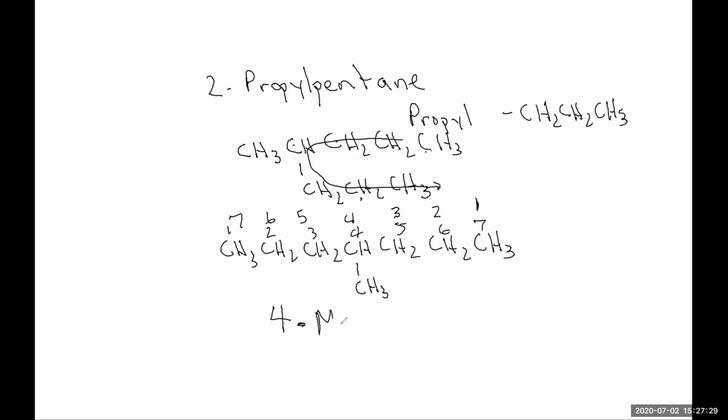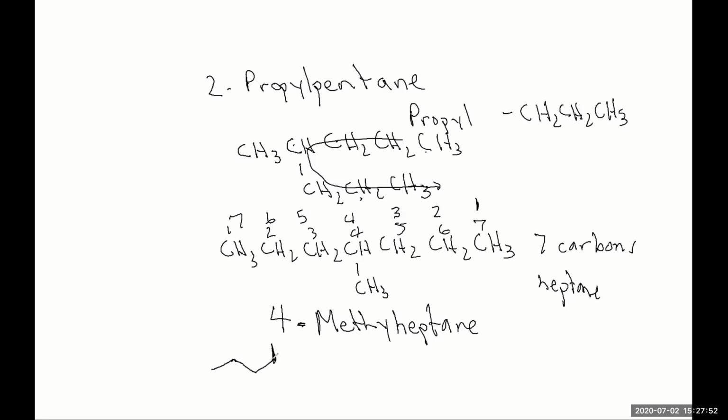So this is called 4-methylheptane. If you have 7 carbons, it's called heptane. Okay. And again, the line angle formula, 1, 2, 3, 4, and then we've got the methyl group here, 4, 5, 6, 7. So there's the line angle formula for 4-methylheptane.